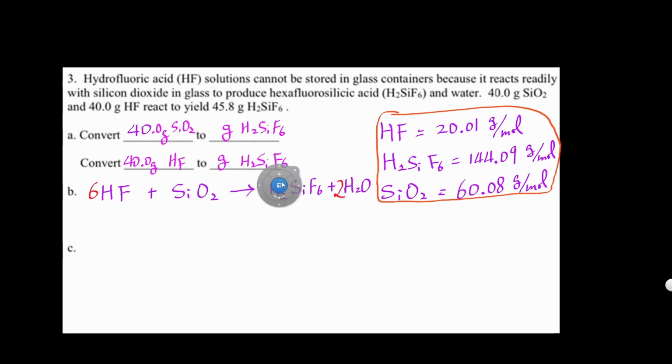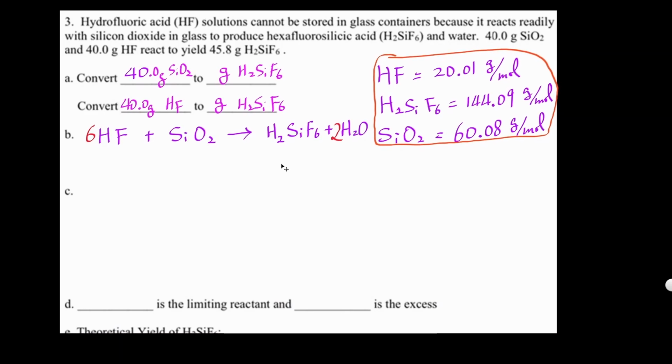Now, as you might predict, if they give you grams or moles of two reactants, you have to figure out which one is the limiting reactant and which is the excess reactant. So let's first assume we use up all 40 grams of silicon dioxide.